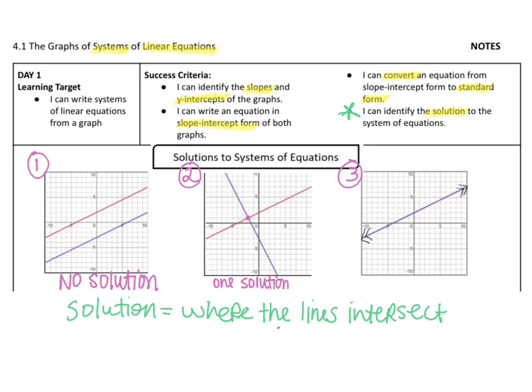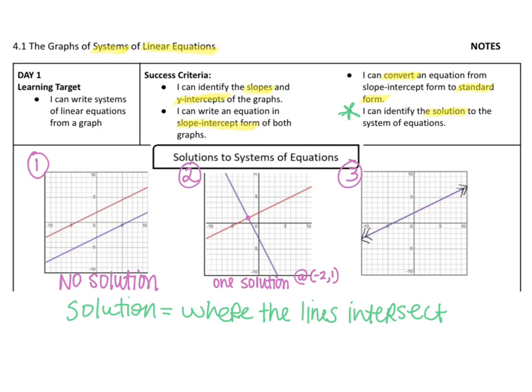And that one solution is at (-2, 1). One solution is going to be your most common type of solution, where the two lines intersect and it's at that point. Sometimes you'll be asked to just identify the x value or just the y value of the solution, but know that the solution is at that point where they cross.